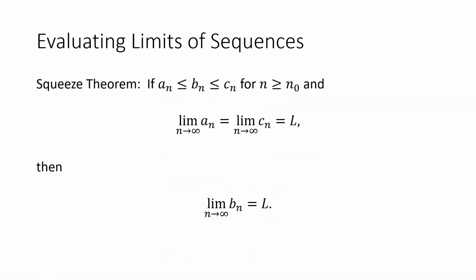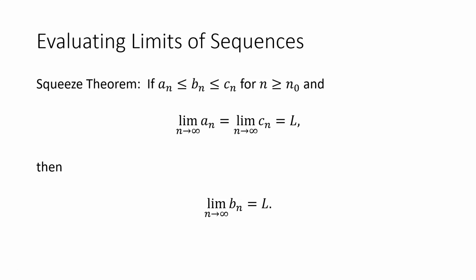And then one rule that we had before that is sometimes very useful is the squeeze theorem. We established this theorem earlier in the chapter dealing with limits back in Calculus 1. So now we're going to be adapting it to use it for limits of sequences as well.